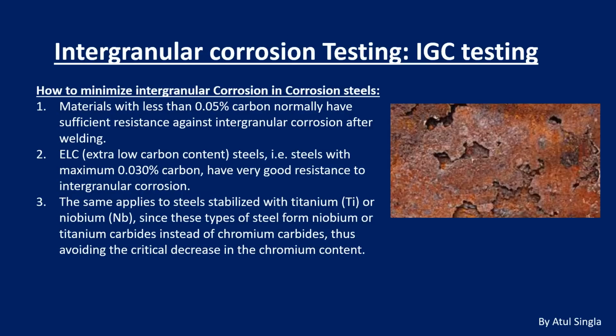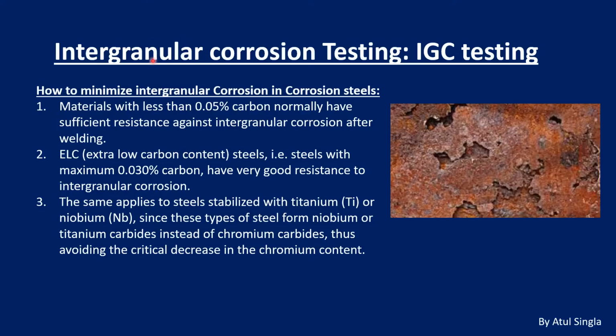Another option which is really found good to minimize this intergranular corrosion is introducing titanium or niobium elements. The nature of these elements is that if they are present in a stainless steel, then instead of forming chromium carbides, there will be formation of titanium carbides, which will not decrease the chromium content.